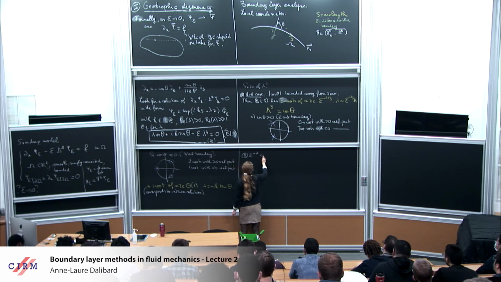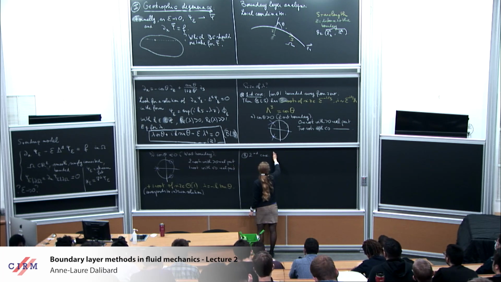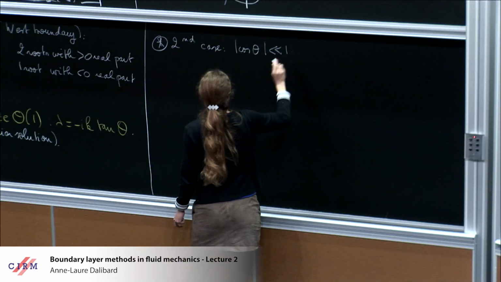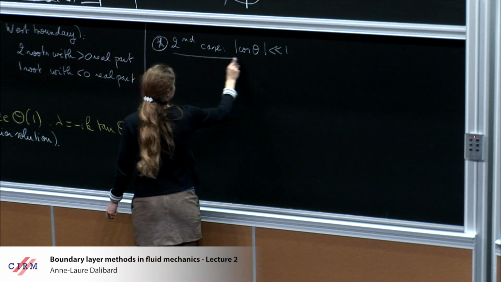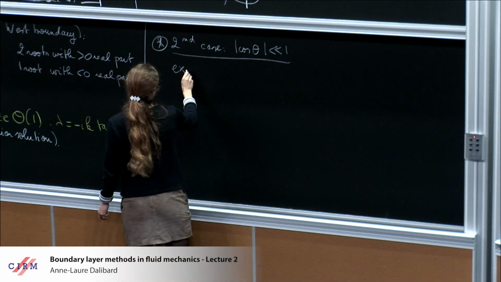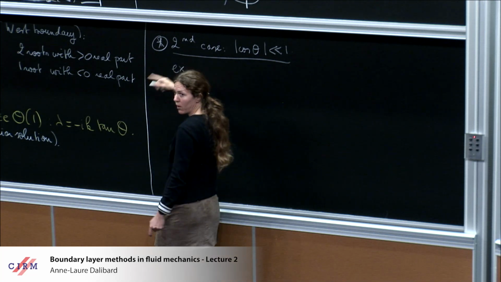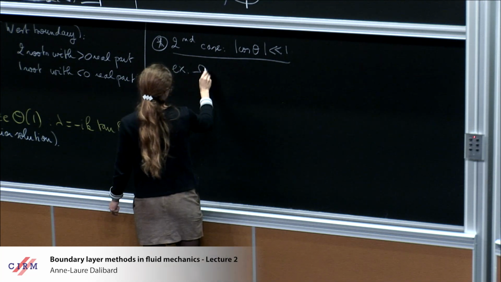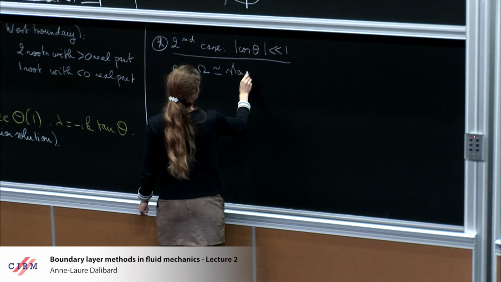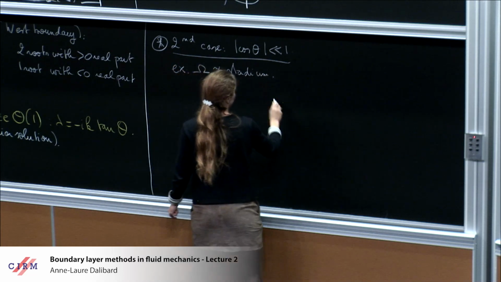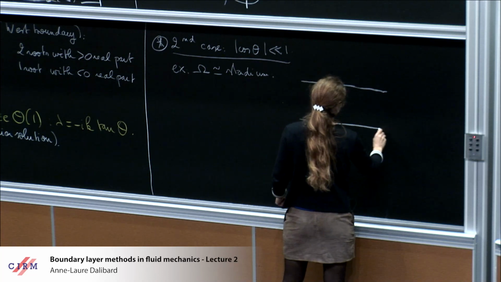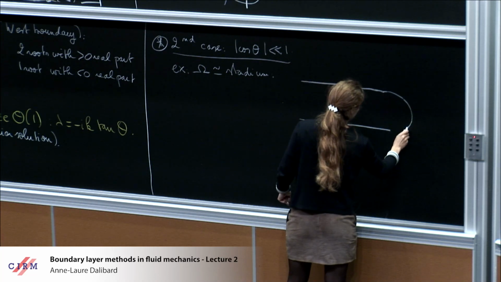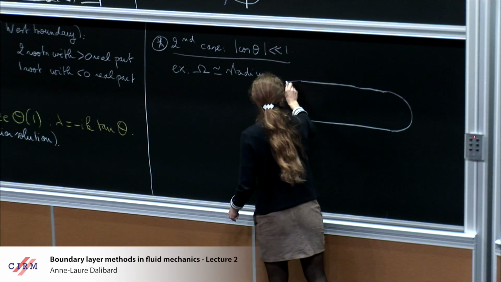The second case is the case when cosine of theta is very small, or possibly actually equal to 0. So, for instance, you can think of the case when omega has a stadium form. When I write something like this, I'm not thinking of something very elaborate in terms of homeomorphisms or whatever.